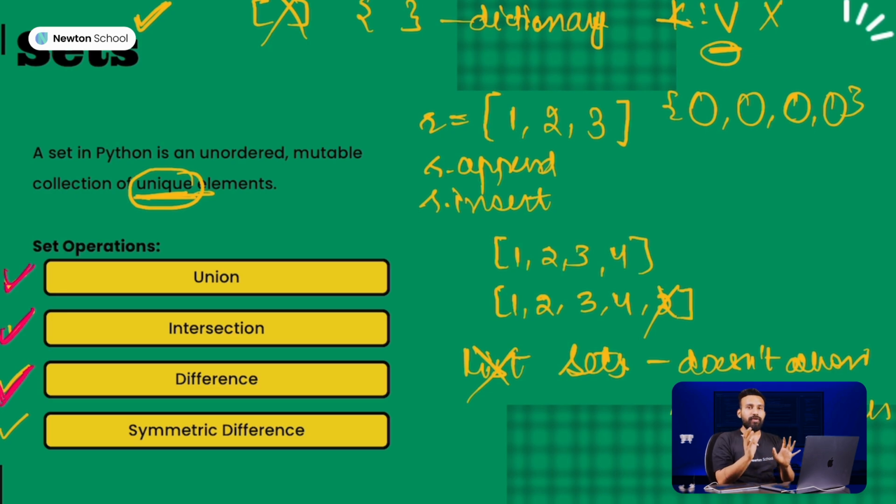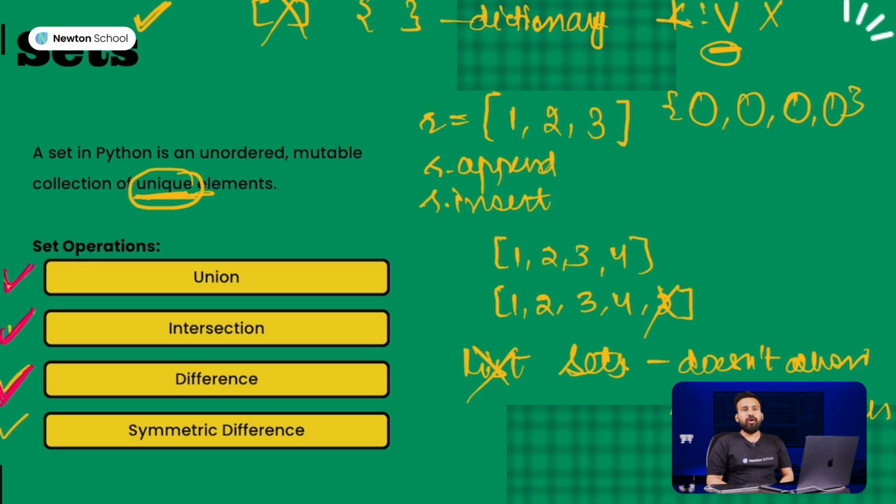If you do B minus A, it will give you all the values in B which are not present in A. And if you say A symmetric difference B, which is basically represented using caret, it will give you either A or B, but not both. Okay. So this was sets.